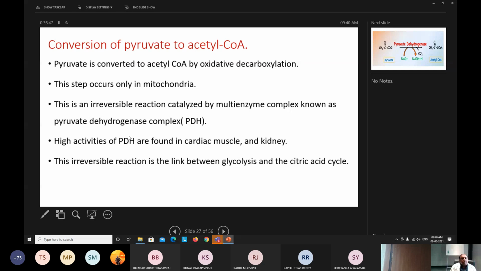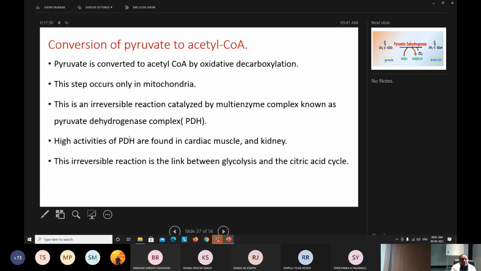Conversion of pyruvate to acetyl CoA takes place very prominently, because once pyruvate is formed, it has to reach acetyl CoA, from where it will join the Krebs cycle or citric acid cycle. It is converted to acetyl CoA by oxidative decarboxylation, and it only occurs in the mitochondria. Remember well, glycolysis takes place in the cytosol, whereas the Krebs cycle takes place in the mitochondria.